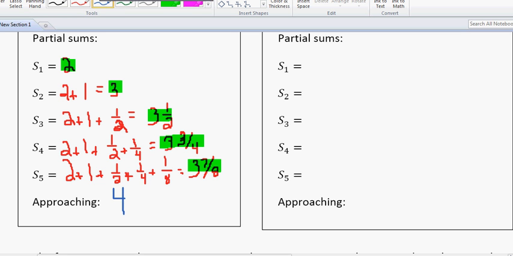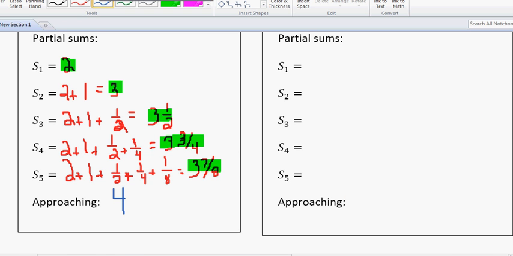And in fact, they're never actually going to reach 4, but they're going to get awfully close, because if I looked at the next sum, S sub 6, I would be adding a 16th to this, which is not going to get me to 4. And the next time I'd be adding a 32nd, which is going to get me even closer to 4, but not to 4. So we say that these sums are approaching 4.